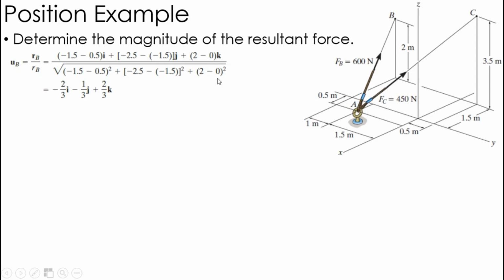So the way I actually generally do this is say, okay, how much do I go from A to B? And I see I go 0.5 plus 1.5, so I go 2 in the x direction. Okay, in the y direction I go -1, because I go from -1.5 to -2.5, and in the z direction I go up 2.